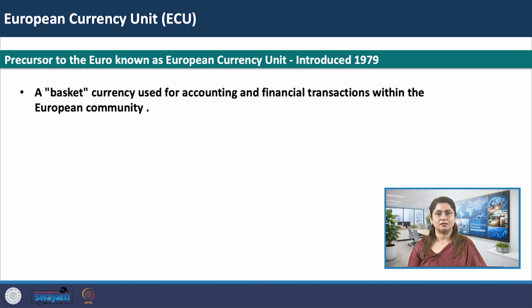It was a basket currency, a weighted average of the currencies of European Community member states. Each country's currency had a weight in the ECU based on its economic size and its share of intra-community trade. So the ECU wasn't the German mark or the French franc, it was a blend of all of them.